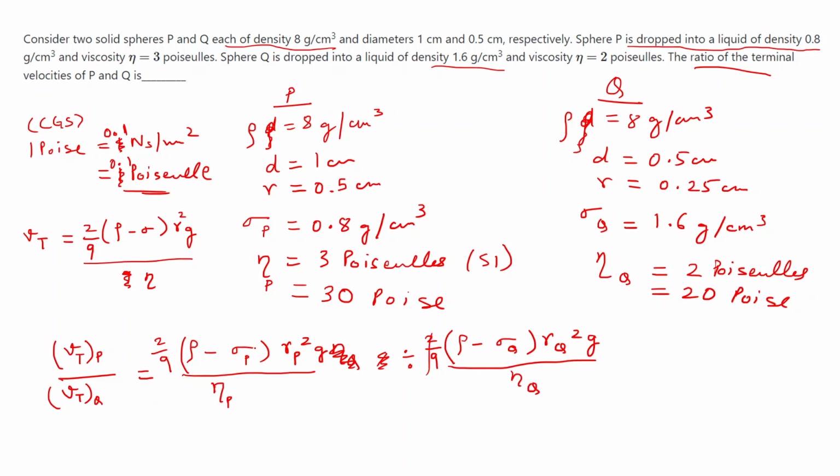These are just constants, same for both the bodies, so this will get cancelled, and then it will be rho minus sigma P times R P square, and this eta Q will come in the numerator, right?